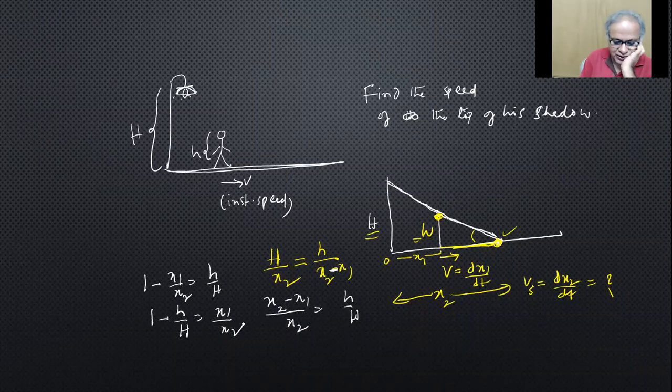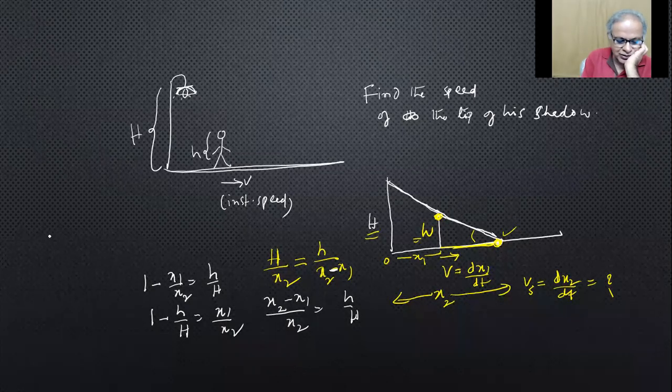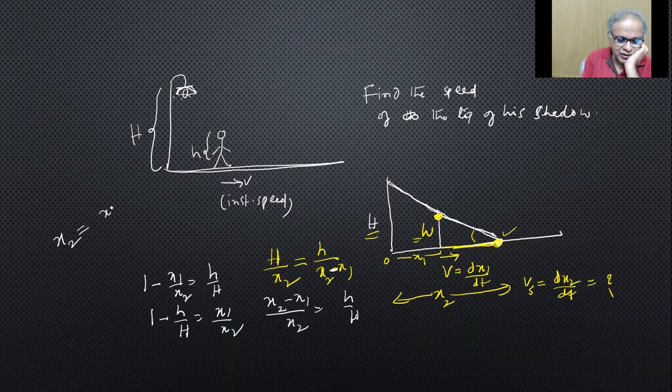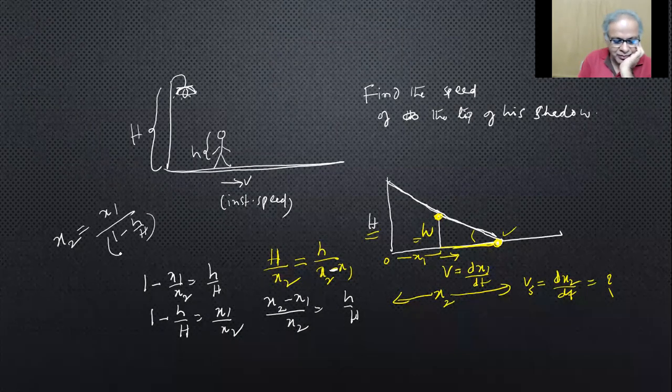I wanted x2, so x2 equals x1 by 1 minus h by H. Unnecessary, a lot of calculation, but anyway, doesn't matter.